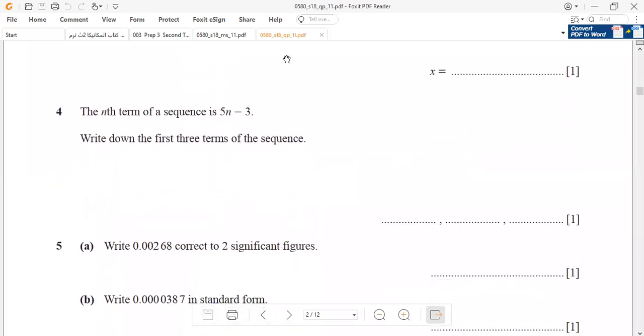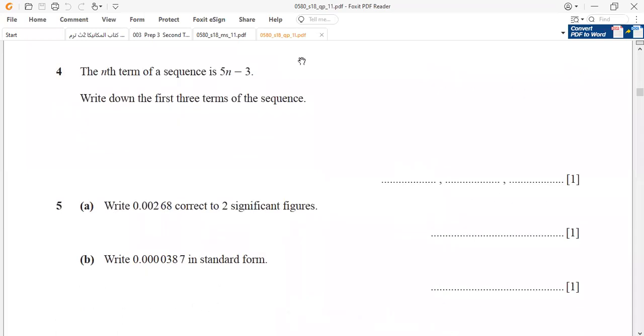In question 4, the nth term of a sequence is 5n minus 3. Write down the first 3 terms of the sequence. Here we replace n by 1, 2, and 3. The first term equals 5, and replace n by 1: 5 multiply 1 minus 3 is 2.